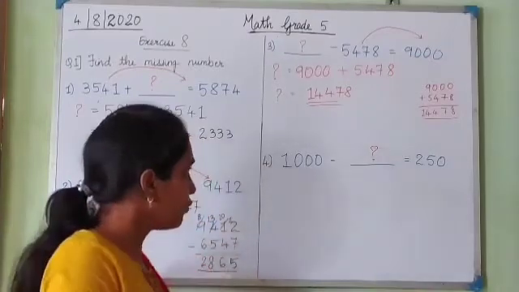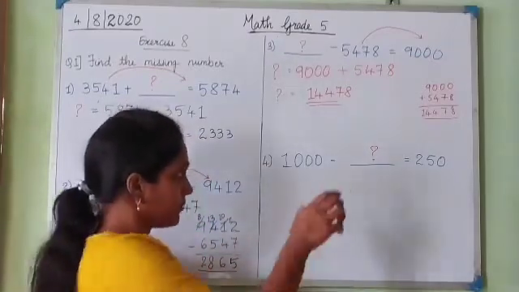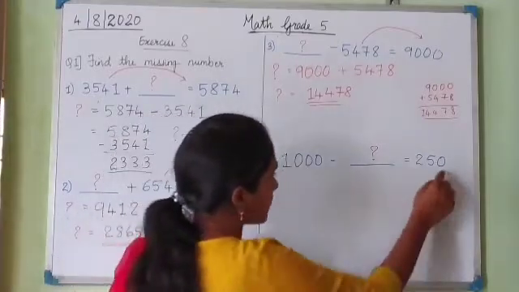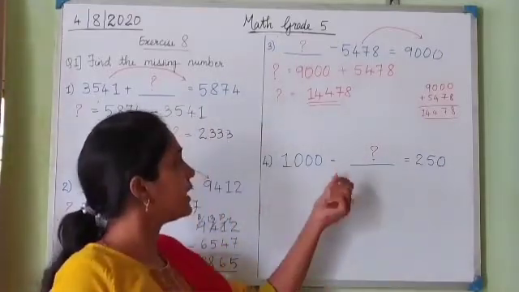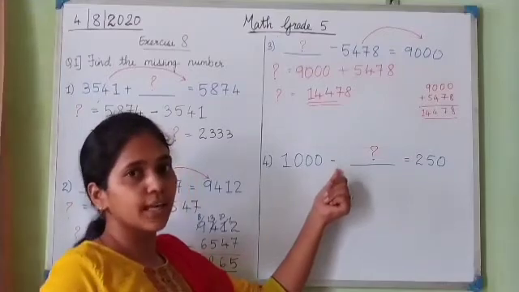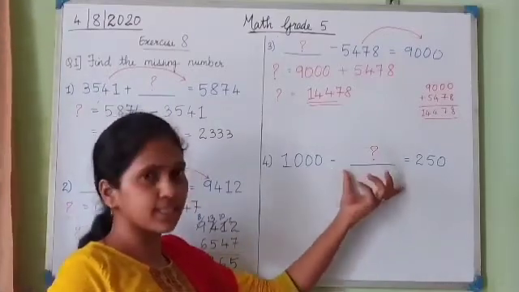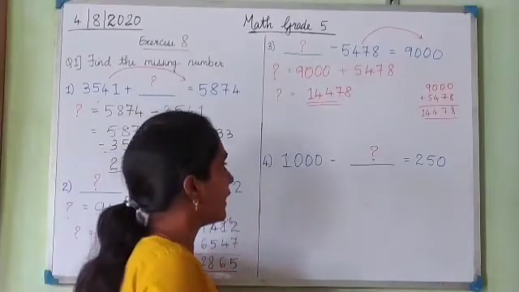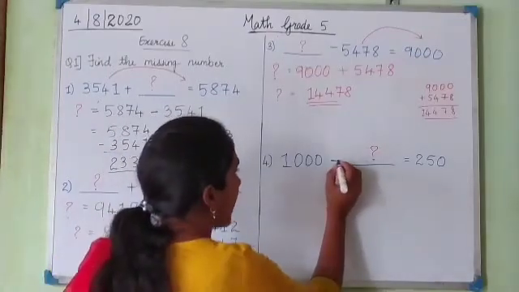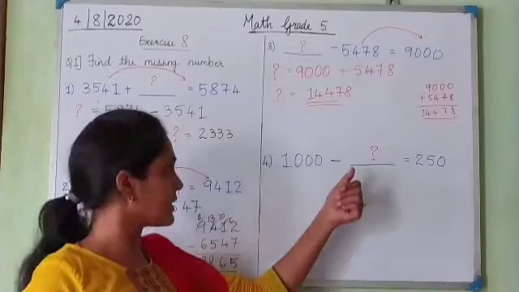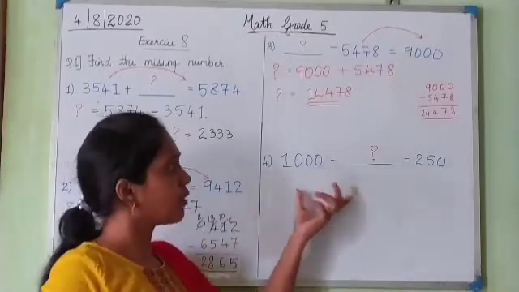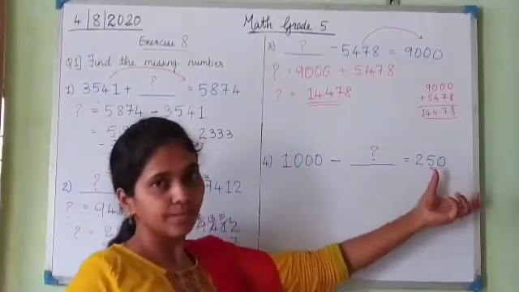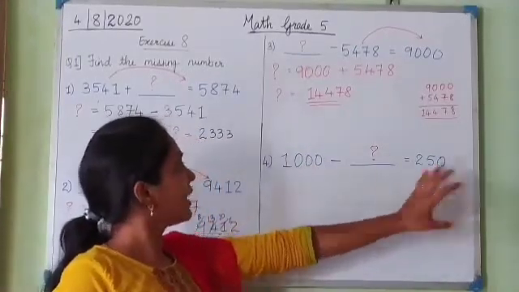So what we do first is, I take the missing number to the other side. Why? Because it has a minus sign over here. If I keep it as it is, then this minus sign which is there on it will be carried like that only. If I take this 1000 to the other side, then there is no problem.